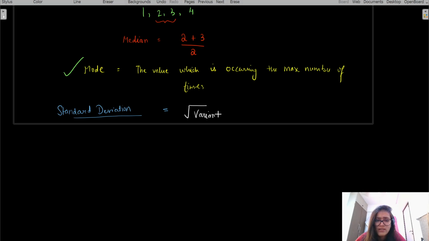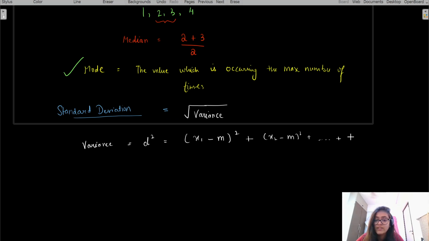Now you'll ask, what is variance? Your variance is given by d square, and you can find that by taking the difference of each data point from your mean value. So I'm doing x1 minus m, where m is the mean, then x2 minus m.